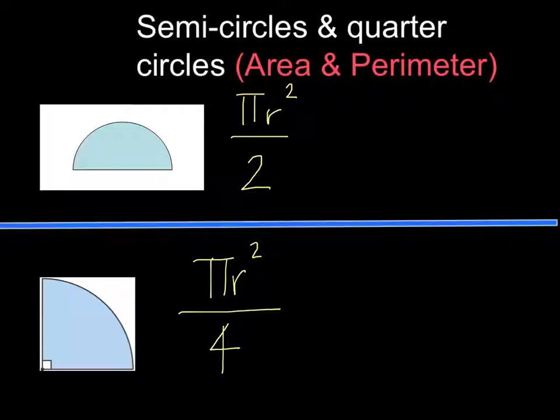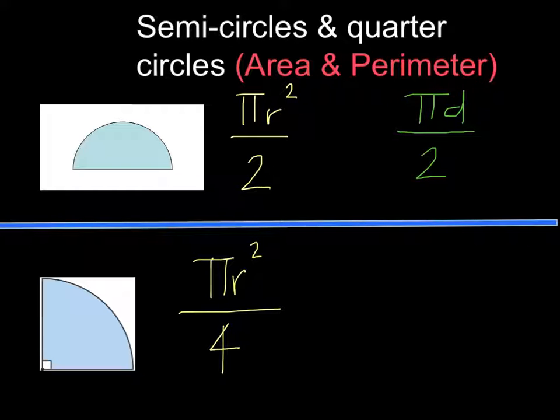Perimeter can be slightly more challenging, but let's look at the formula for finding the perimeter of a circle. It is pi times the diameter. So if we're going to try and get the perimeter of a semicircle, we're going to need to have half of it.